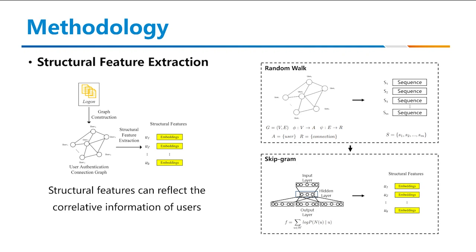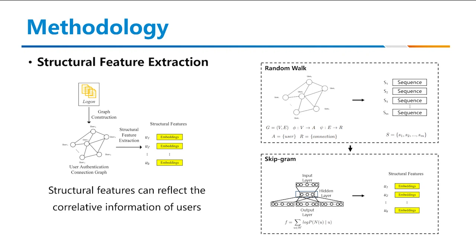Then, we use graph embedding to extract latent node representation from the graph constructed in the previous step. We first sample our graph with fixed-length random walks. Specifically, for any node in the graph, we will explore random walks with a fixed length and generate node sequences.